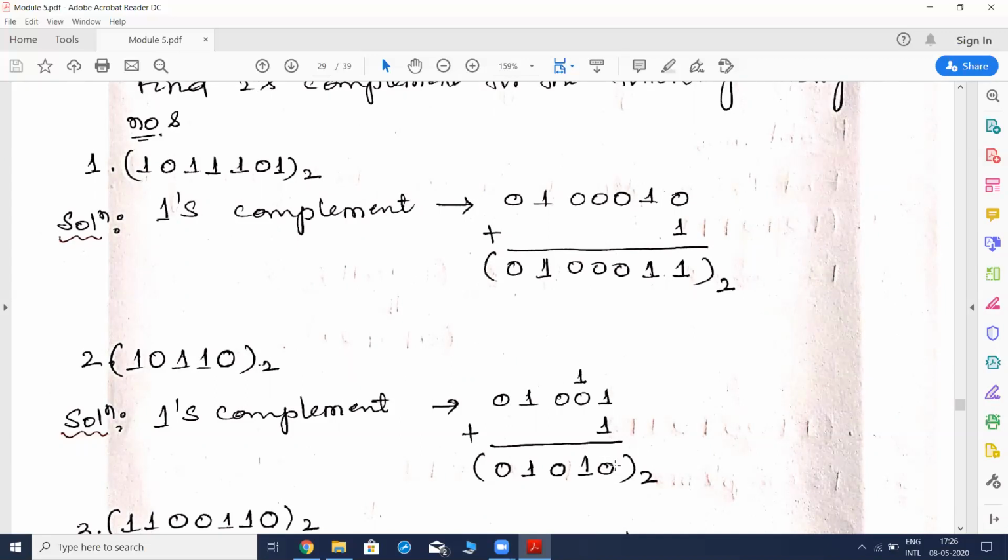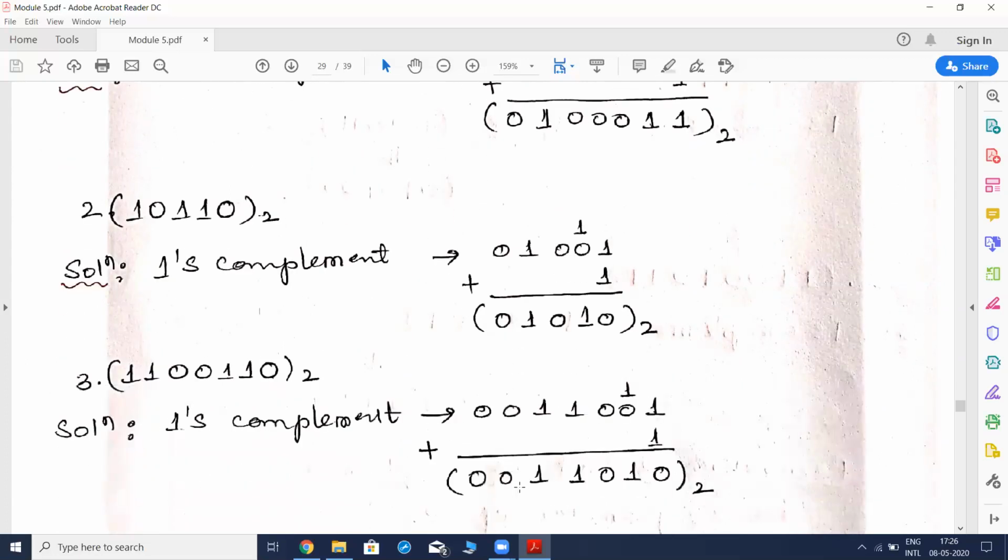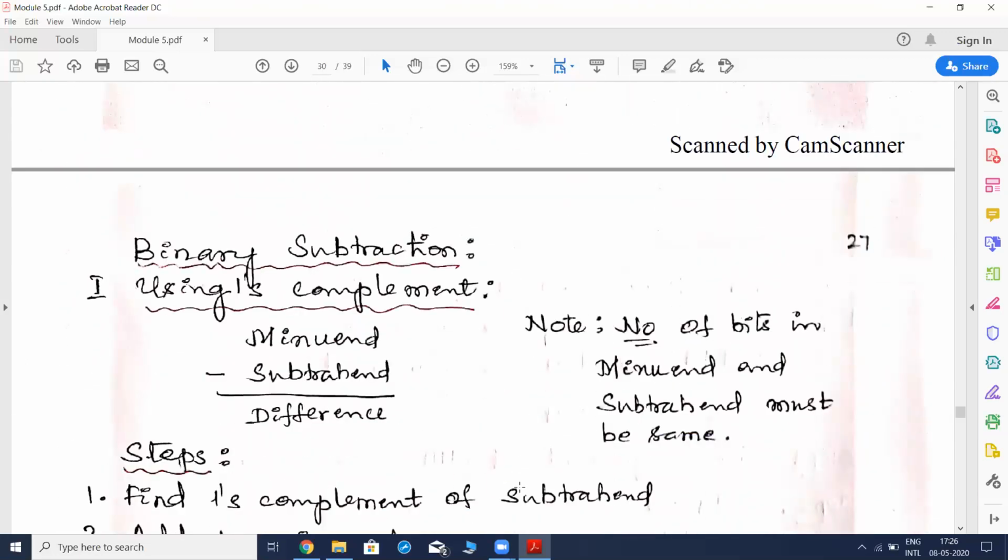So we have written the sum over here and the carry over here. Now perform the addition of these two bits, 0 and 1, and you will get the sum as 1. Obviously the carry will be 0, that's why it is not being shown. So here it is 01010. That is how we find the 2's complement for a given number.